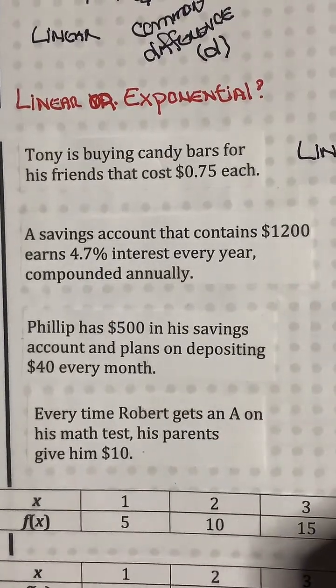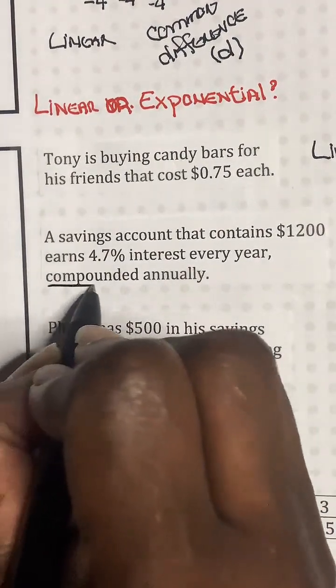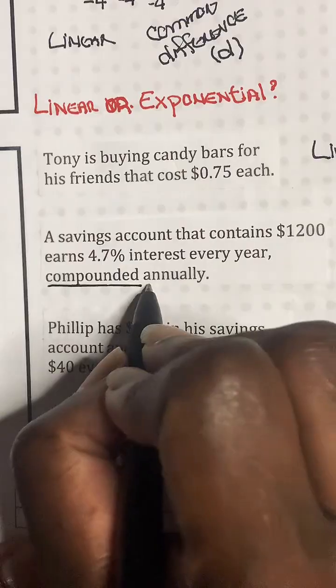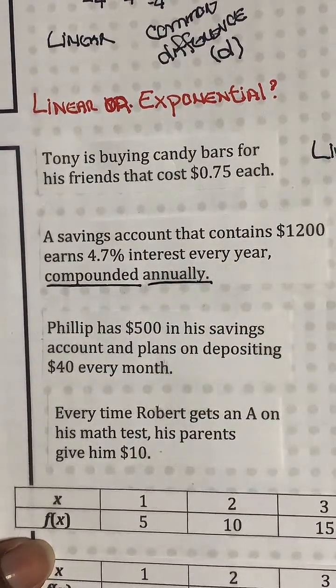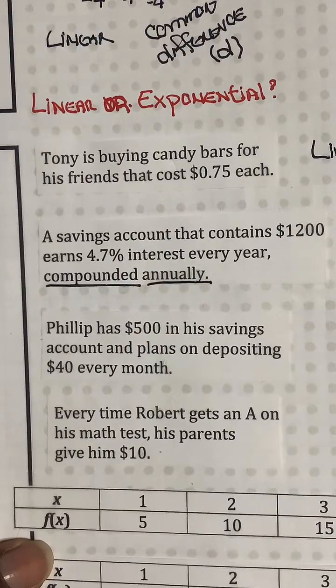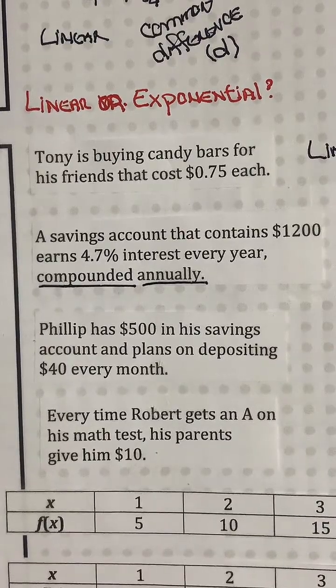So it is exponential. Anytime they mention the term compounded annually, it's exponential. You ever remember that phrase where someone asks, would you like someone to give you $1 million, or they will pay you a penny a day that's being doubled? People say, I want the $1 million.